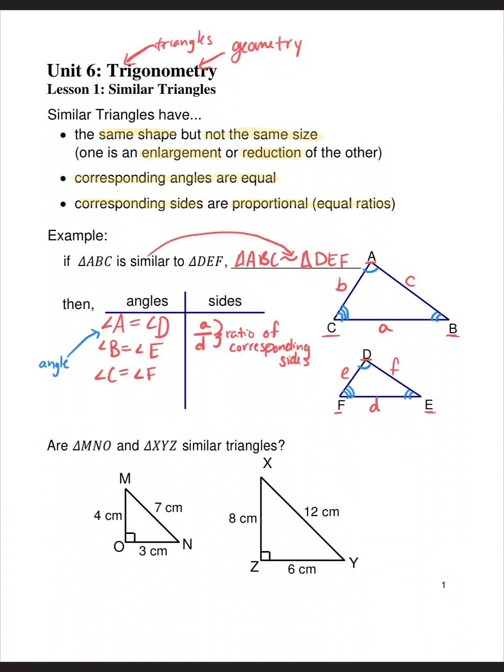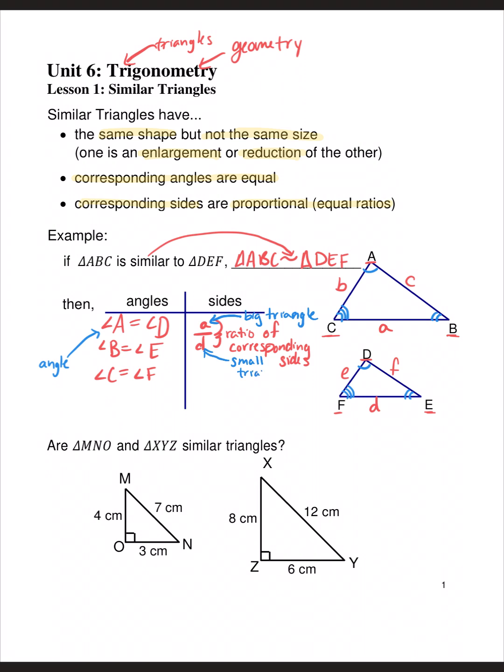What I mean by that is if we've established that this is similar, then we're showing that side A and side D are proportional to each other. So notice that we took side A from the big triangle and we took side D from the small triangle.